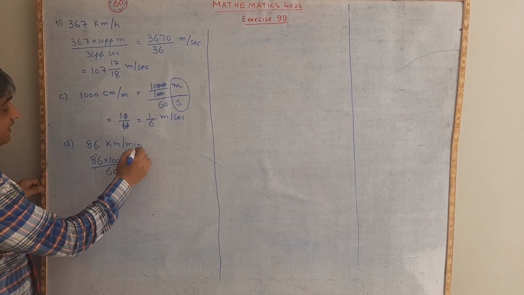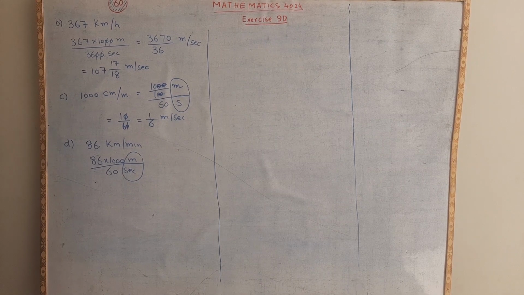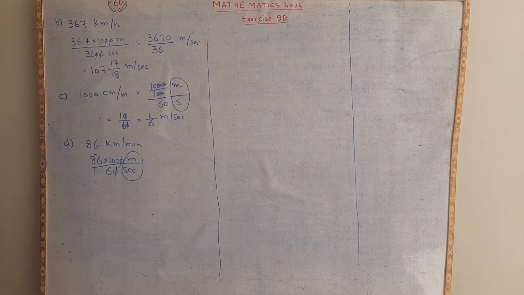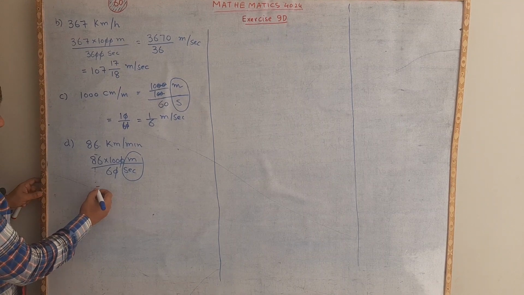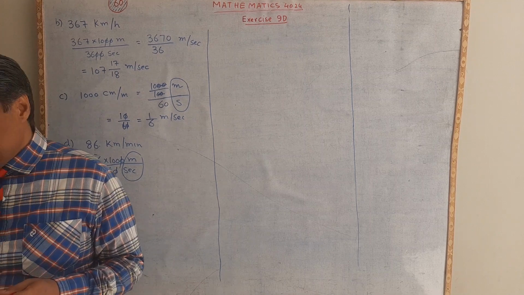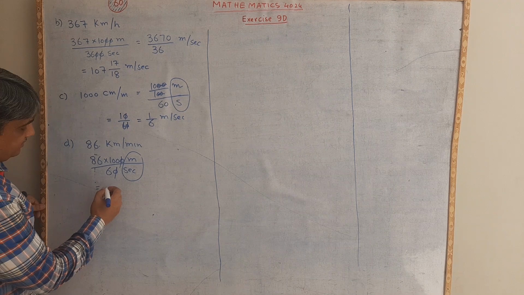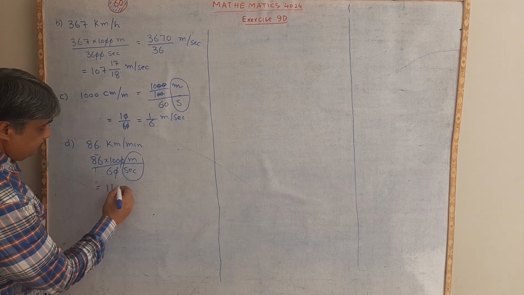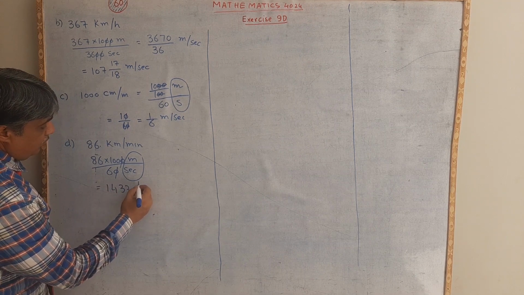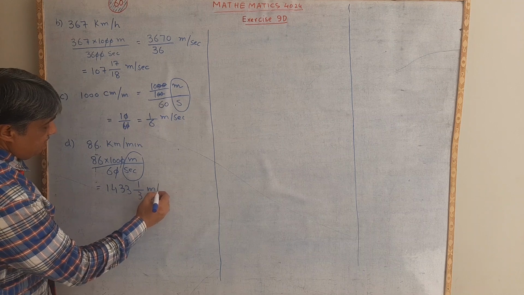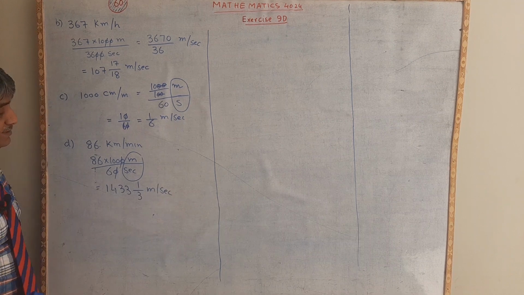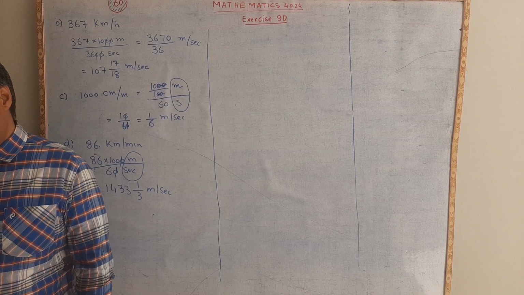So again we are getting meter per second. Then this will be cancelled with this one, and after the calculation we will get 1433 whole 1 over 3 meter per second will be the answer.